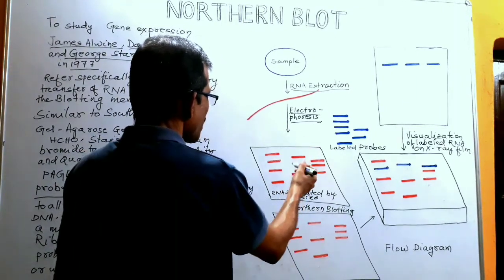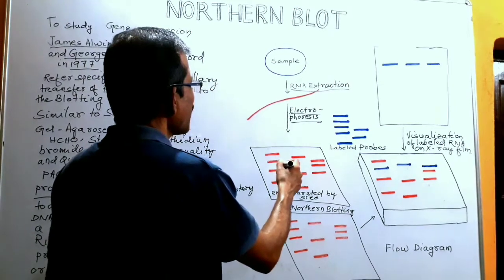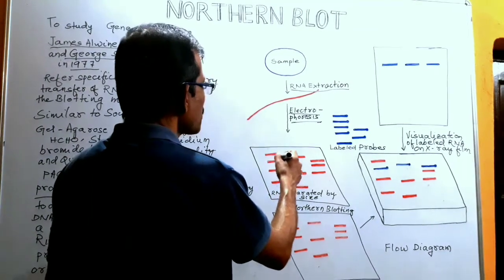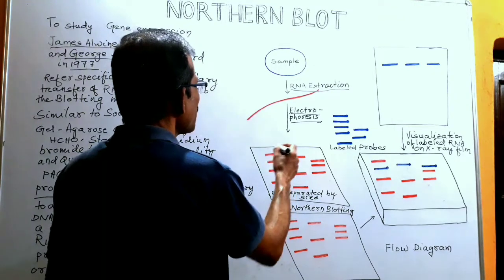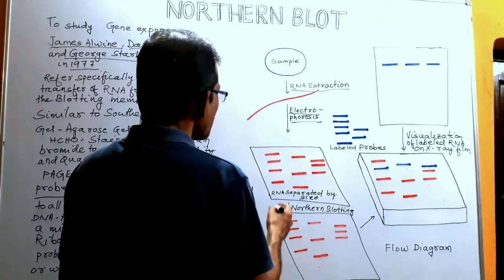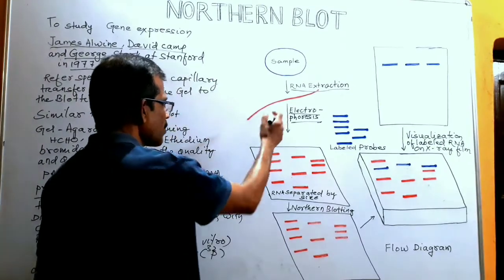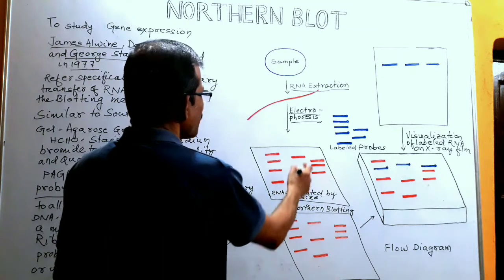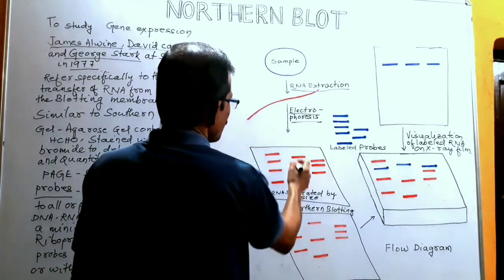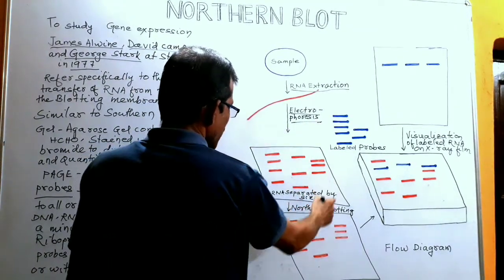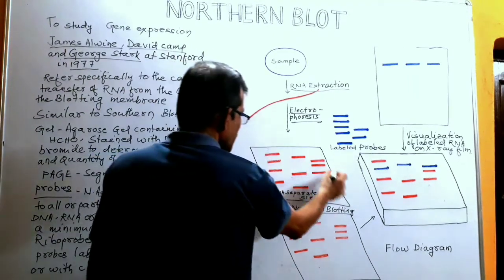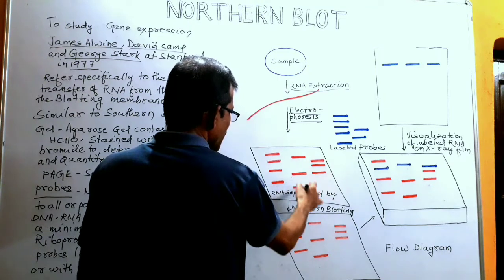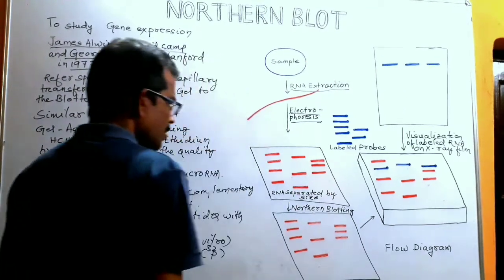In this chromatography, only the RNA that has poly-A tail will bind to the oligo-dT cellulose column, by which they can be isolated. After the isolation of eukaryotic mRNA, the RNAs are separated by the process of gel electrophoresis on the basis of size. You see here, this is a gel in which these are the RNAs which are separated on the basis of size.